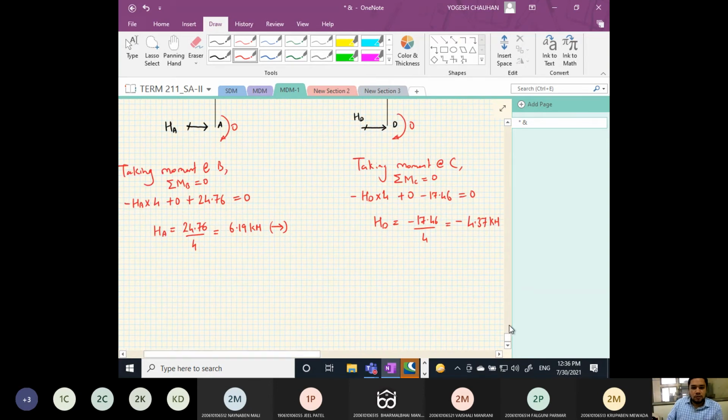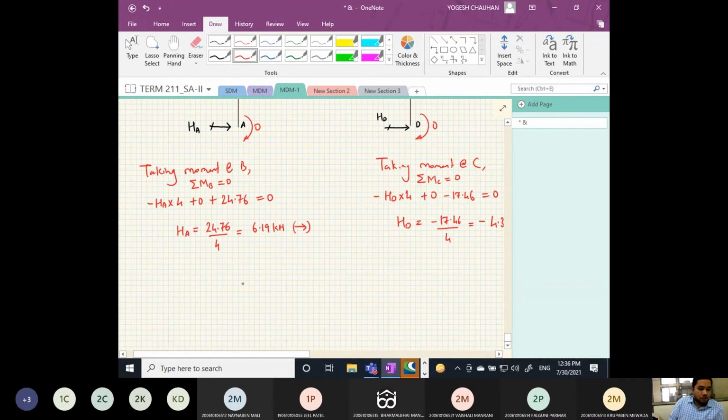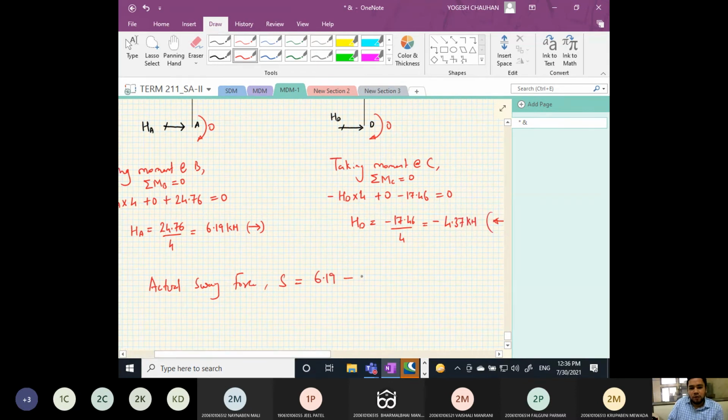So the actual sway force S will be equal to 6.19 minus 4.37, so that is equal to 1.82 kilonewton.